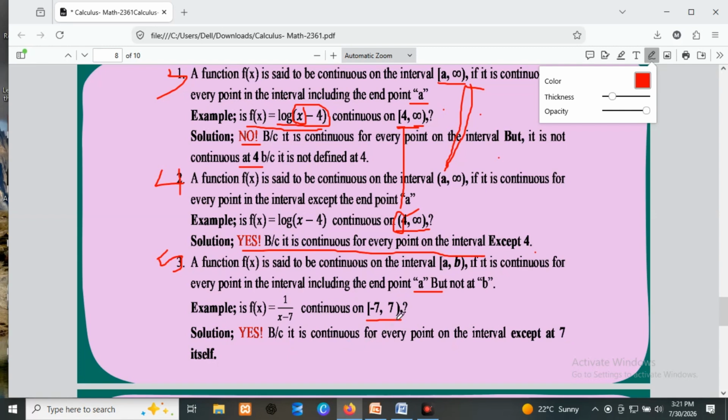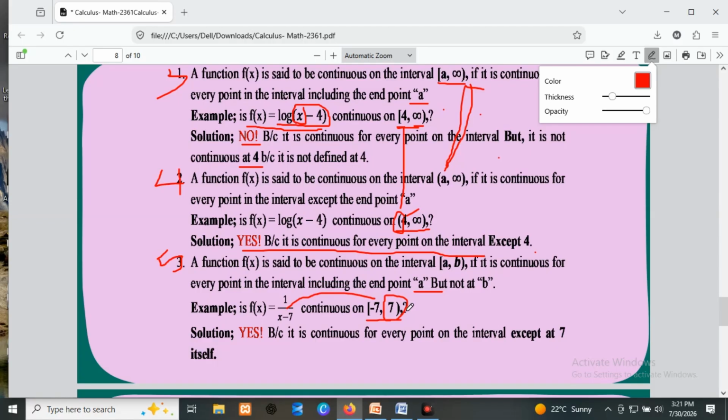It is not necessary to check 7, because if you include 7, 7 minus 7 is 1 over 0, which is not defined, but it's not obligatory to substitute 7 into this, because it is an open interval.